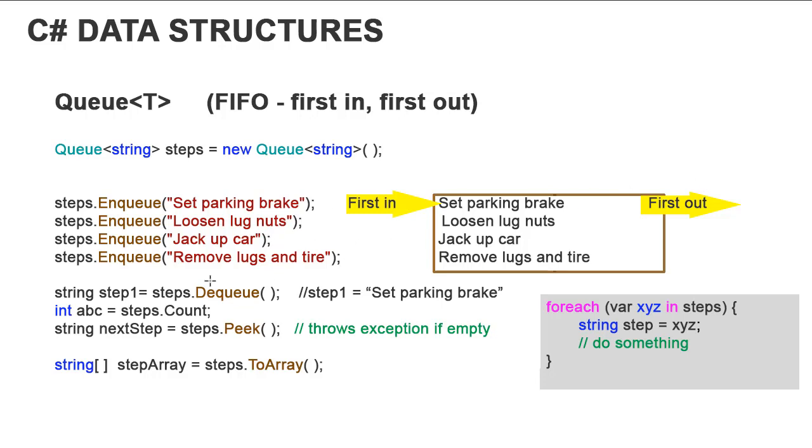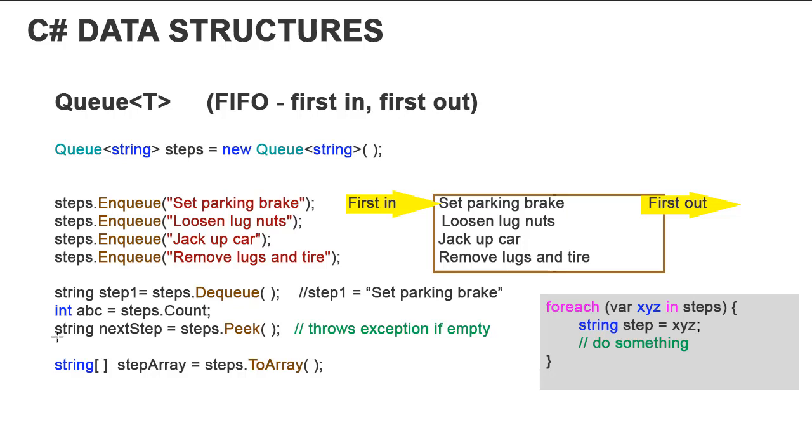So to get an item out, we can use the dequeue method. So here step 1 equals steps.dequeue, and step 1 would equal set parking brake. That removes the item from the list, and now everything would move up. And so the loosen lug nuts becomes the next item out if I dequeue. I can get the number of items in the queue by using the .count property again.